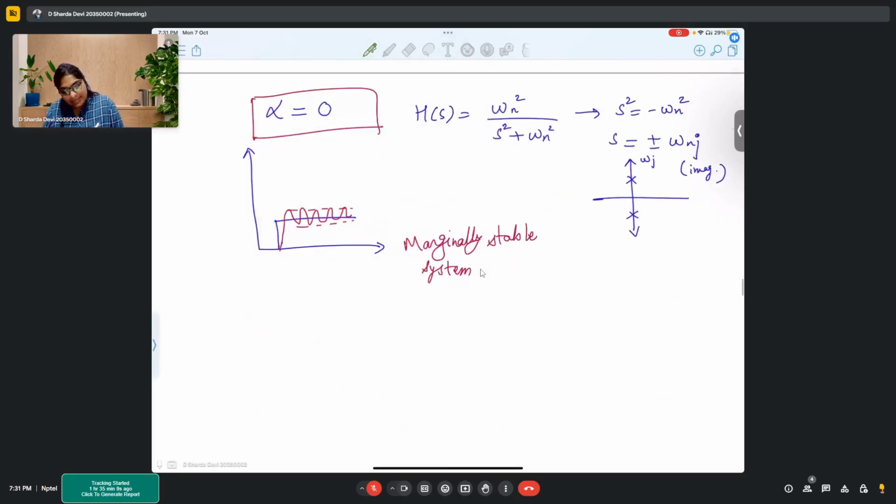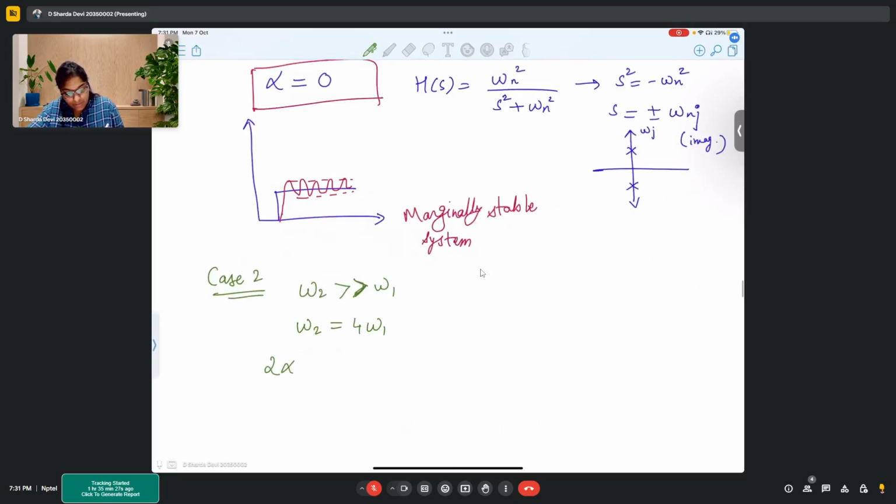Now the second case is when omega 2 is much much greater than omega 1, that is, one pole is far away from another. So for example, let's say omega 2 is 4 times of omega 1 to start with. So 2 alpha will become omega 1 plus omega 2 by root under ADC omega 1 omega 2.